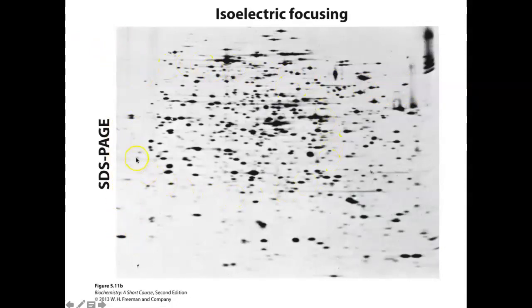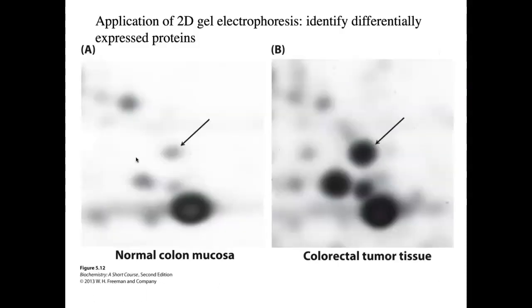It allows you to separate this really complex mixture by two properties, and then you can compare samples. So for example, you can compare normal tissue with a tumor tissue and see which proteins change either expression level or their phosphorylation, because their mobility will be affected in this analytical method.